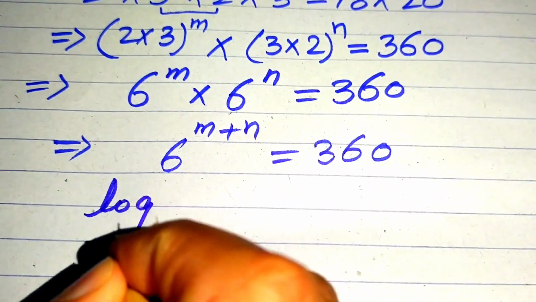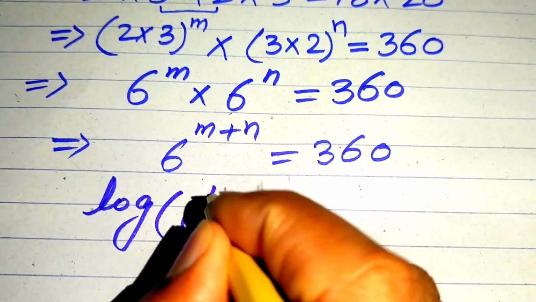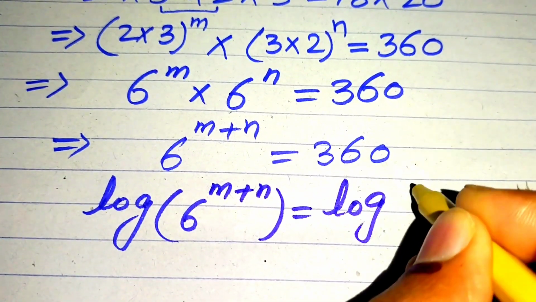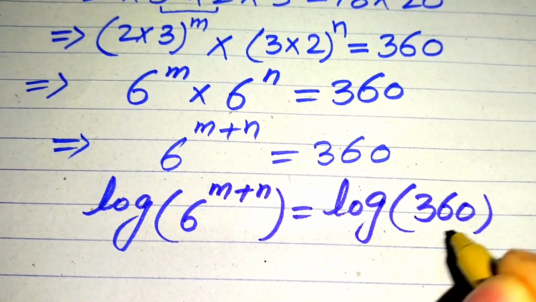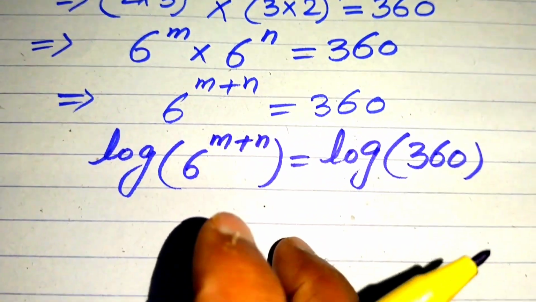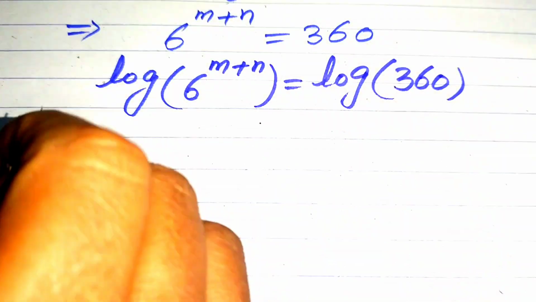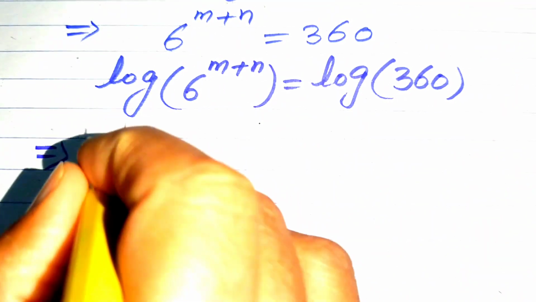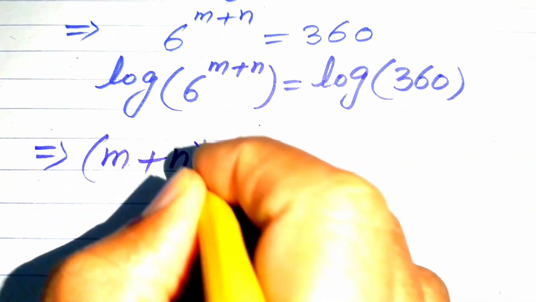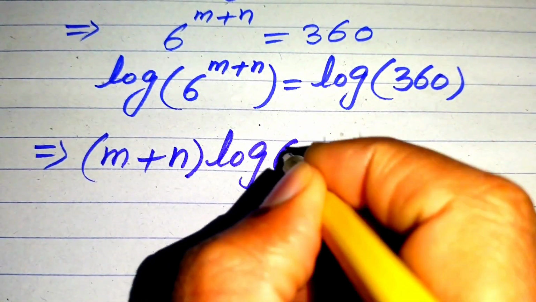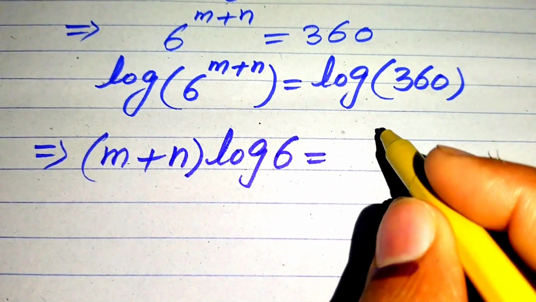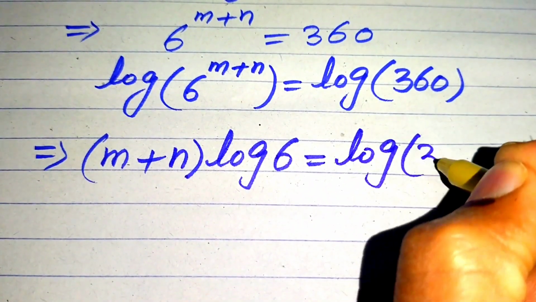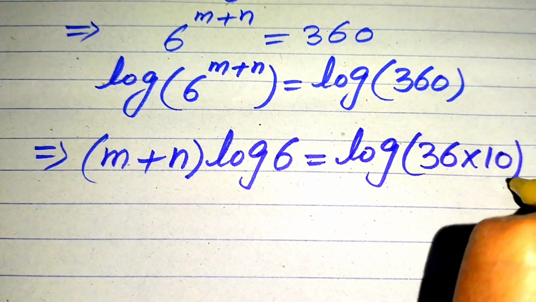Then we use the properties of logarithm: on the left hand side we move the exponent in front of the log and write it as m plus n times log 6 equals, for 360, we write it as log of 36 multiplied by 10.